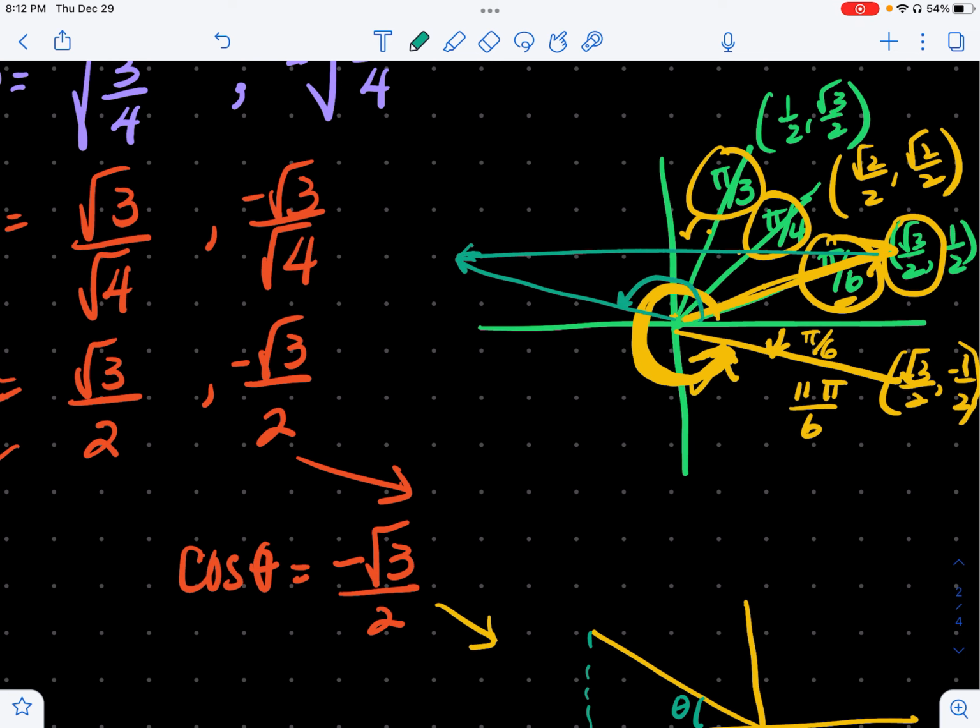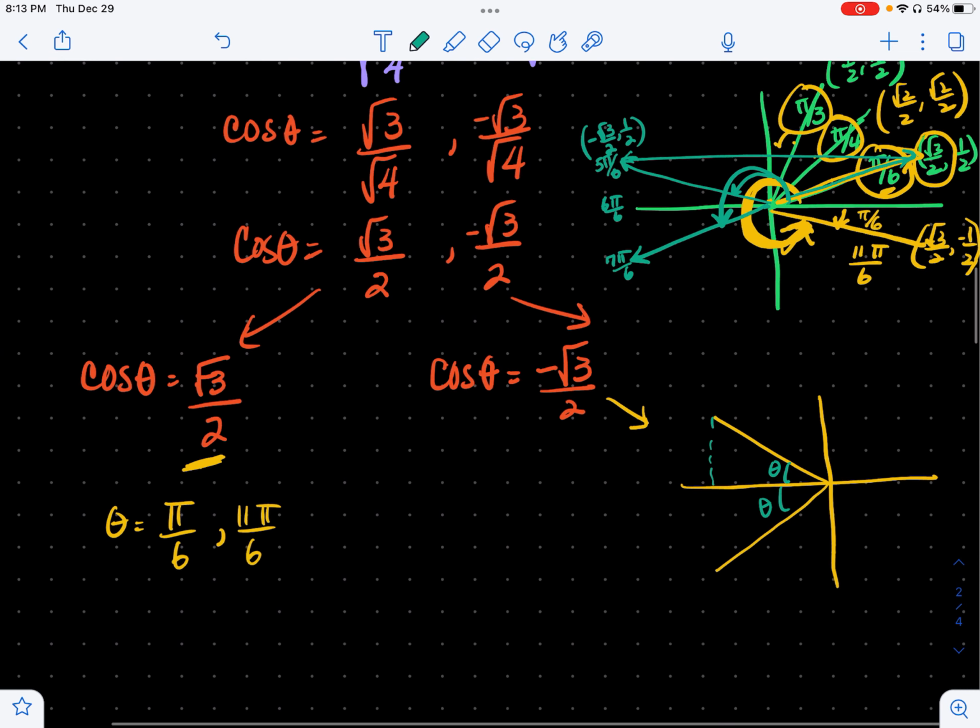This would be the angle. This is where cosine will be negative, but sine will stay positive. Since we're going up in sixths for this angle, this one will be 5 pi over 6. And the other one would be in the third quadrant. If this is 5 pi over 6, this would be 6 pi over 6, and this would be 7 pi over 6. The two theta values from those will be 5 pi over 6 and 7 pi over 6.